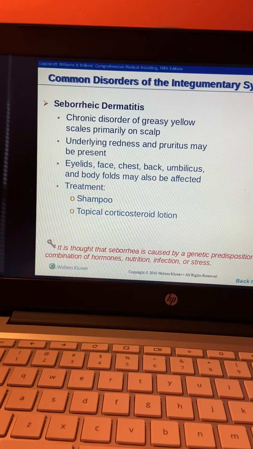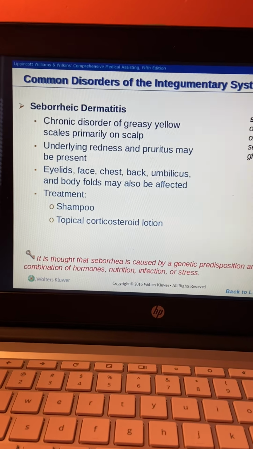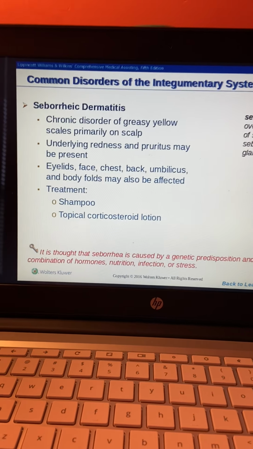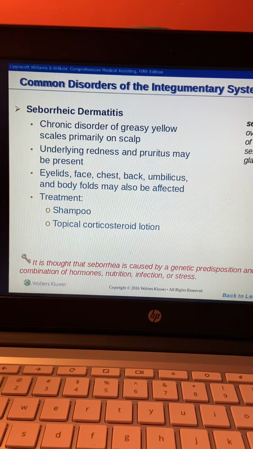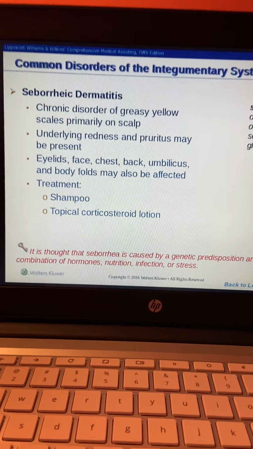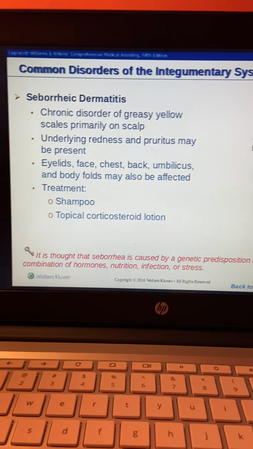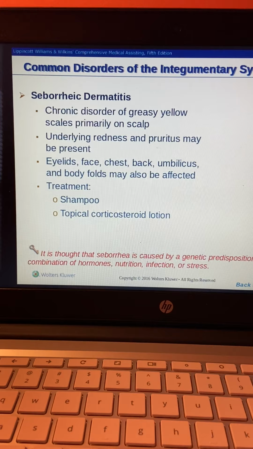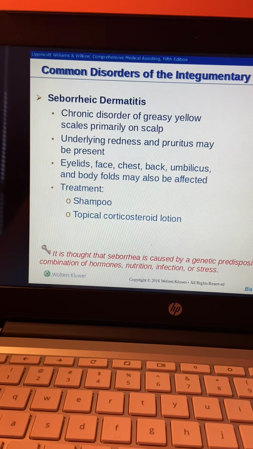Seborrheic dermatitis. It is skin inflammation from the overproduction of sebum by the sebaceous glands. It is a chronic disorder of greasy yellow scales, primarily on the scalp. An underlying redness and pruritus may be present. It could be on the eyelids, face, chest, back. The umbilicus and body folds may also be affected.